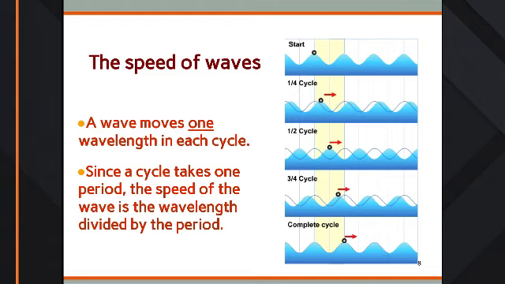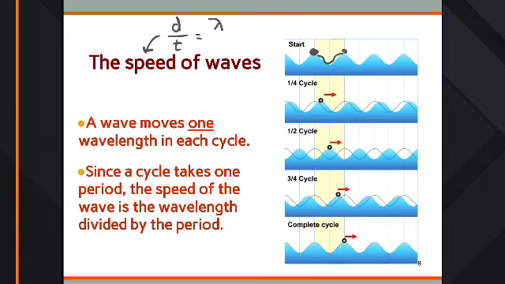I talked about the time for one oscillation at the beginning. If you remember back to the kinematics, speed equals distance divided by time. Well, for distance I have my wavelength. What's my distance from this point right here down and back up?